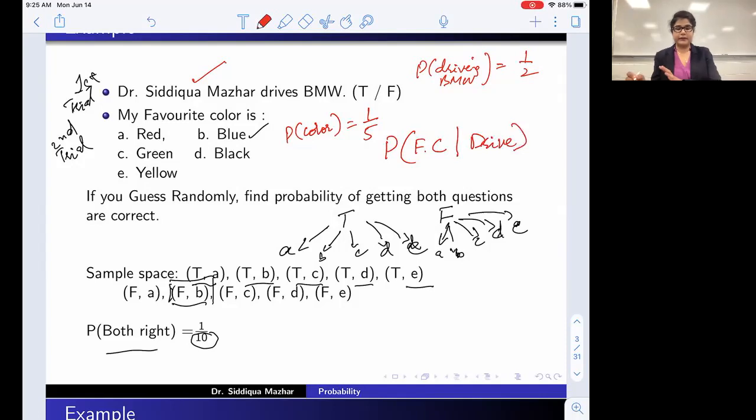So it means this has happened. So what will be the probability? Because these are independent events, there's nothing to do with the first experiment. So what will be the answer if you look at them combined together?